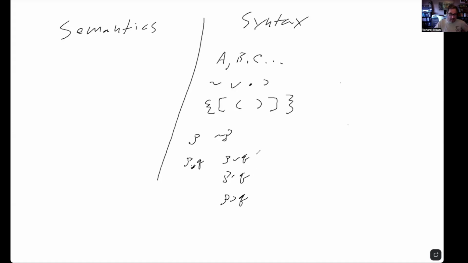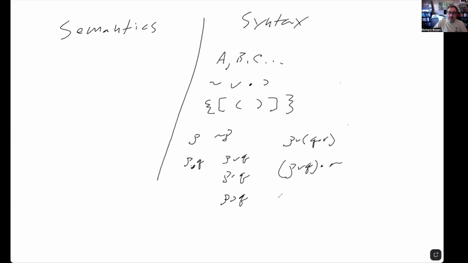We can say that whenever it's ambiguous what the main operator is, then you need one of these around. So if you wanted to say P wedge parentheses Q dot R, then that would be distinct from P wedge Q dot R. And so then we said that the main operator was any of these operators which is outside of the parentheses, unless of course there's more than one operator outside of the parentheses.